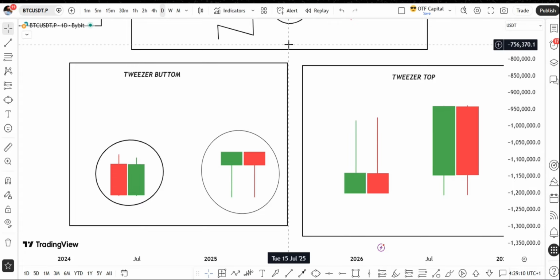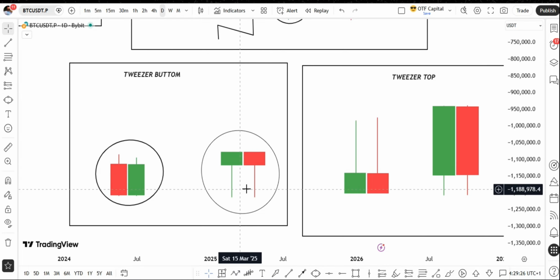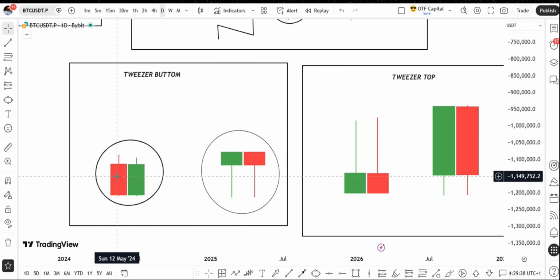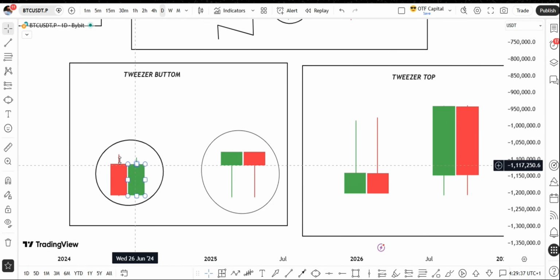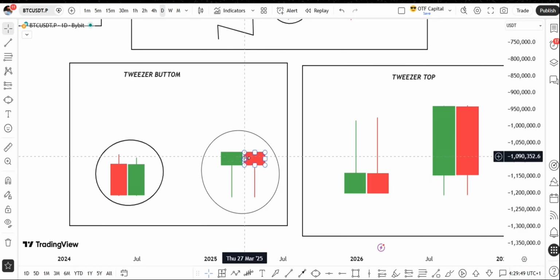Another type of candle: the tweezer top and the tweezer bottom. This is one type of tweezer bottom. This is another type of tweezer bottom. In this type of tweezer bottom, the wick can be different. One of the wicks can be larger, but always pay attention, the body will always be at equal levels. The same with this one.